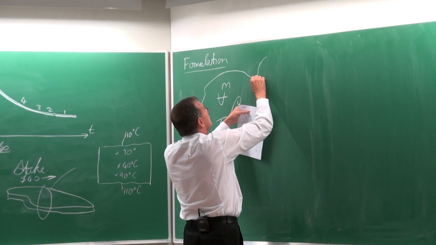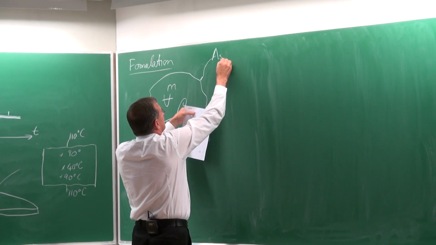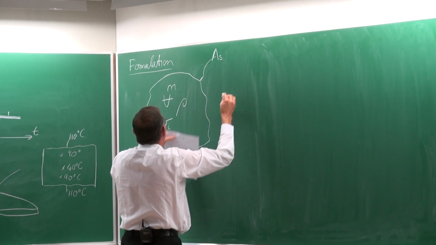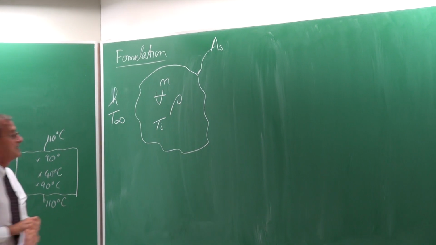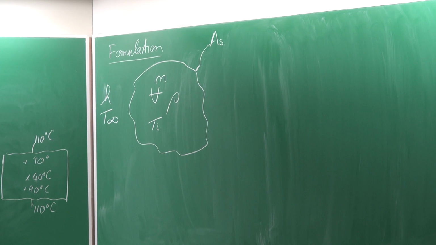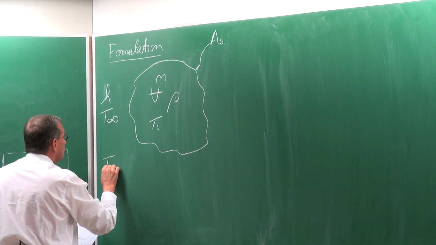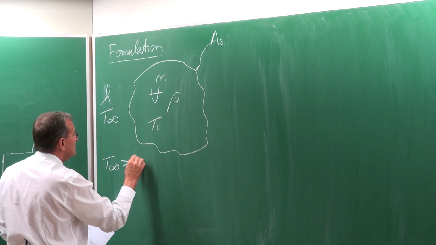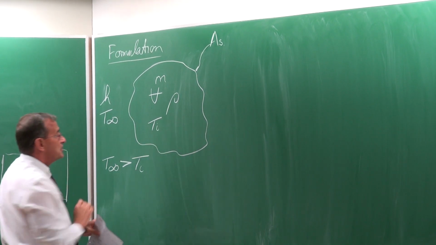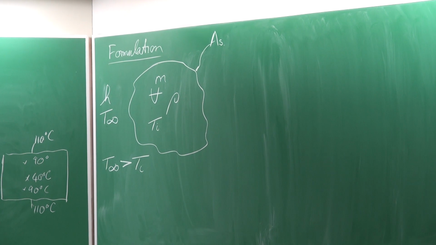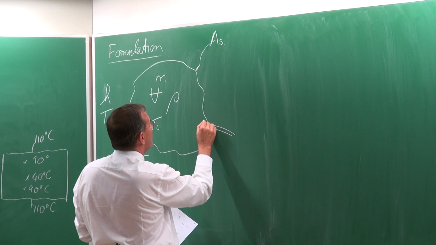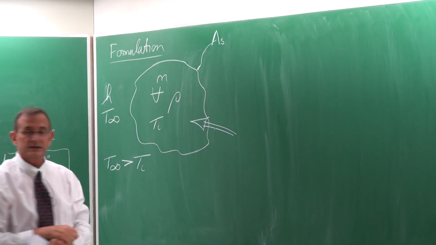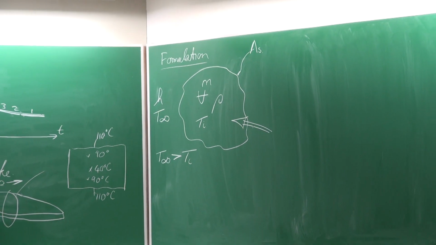It has a certain surface area, AS, and on the outside we've got the heat transfer coefficient h and T infinite, which is the temperature of the environment. And in this case, I'm going to assume that the environment temperature is larger than the initial temperature, which means that the heat transfer will be from the outside to the inside. It can, of course, be the opposite.